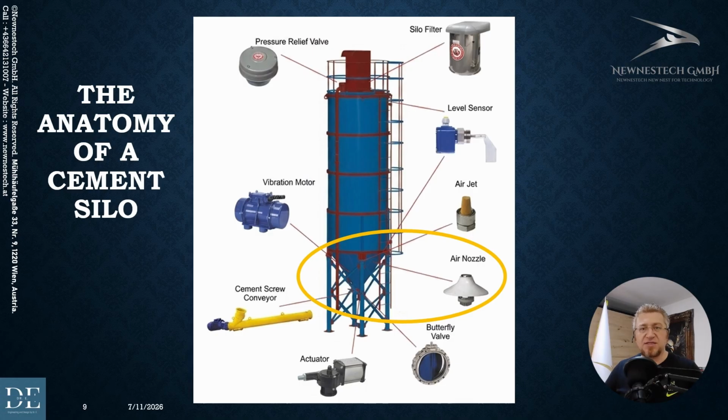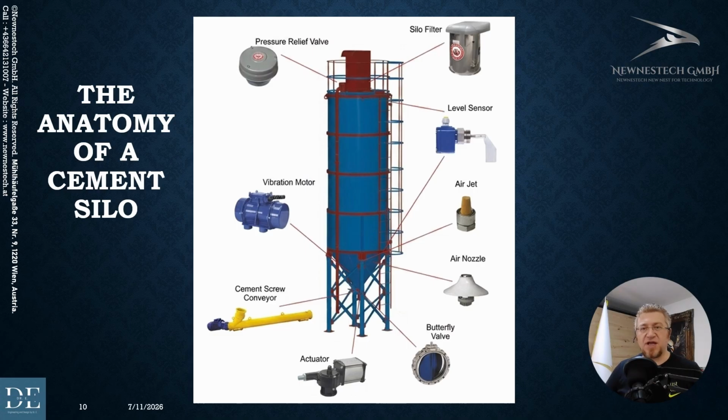This action aerates the cement, creating a temporary fluidized bed that drastically reduces friction. This layout is absolutely critical to eliminate common material flow obstructions such as rat holing or bridging during discharge.